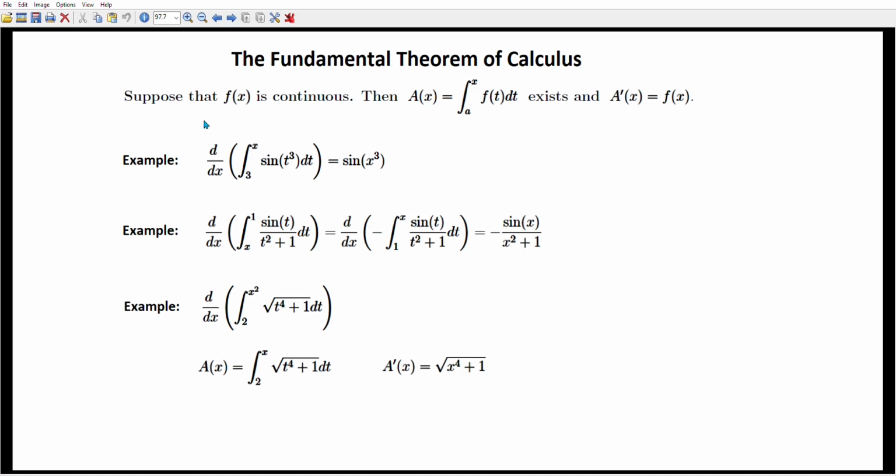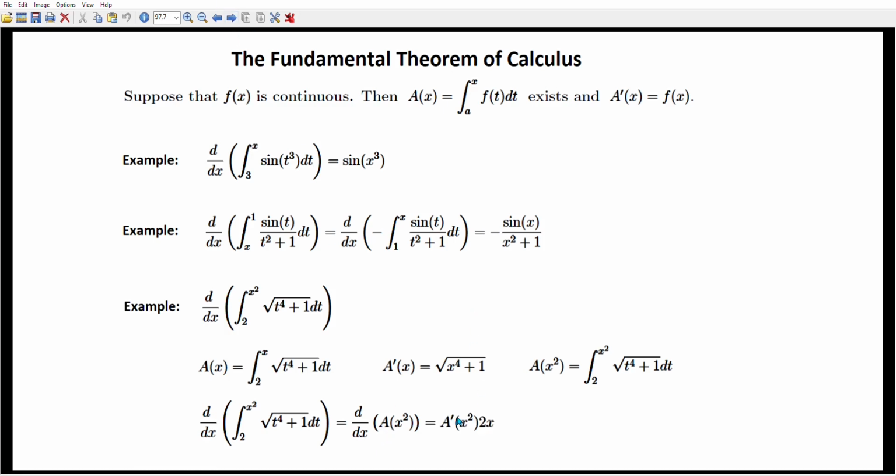Now if we look at this, what we can see is A of x squared is the integral in question. So what we're going to do to find this derivative is we're going to differentiate A of x squared. And that's just a chain rule.